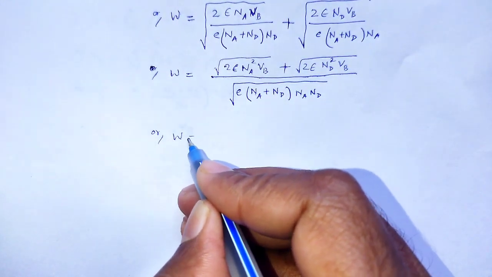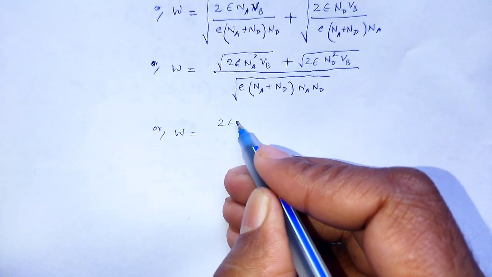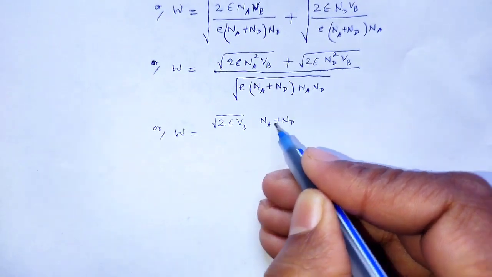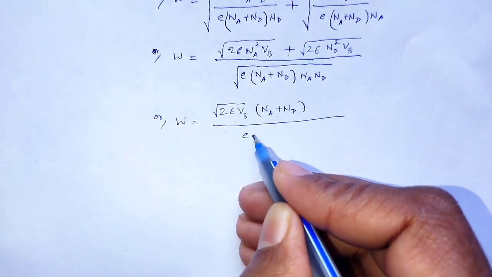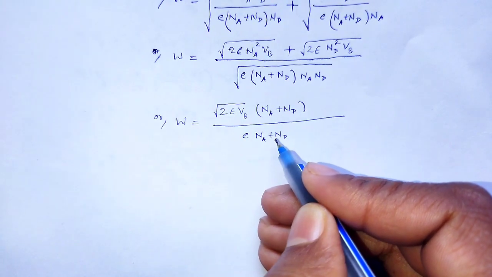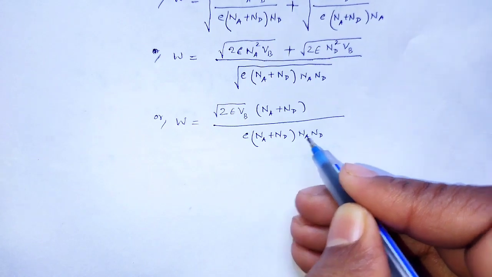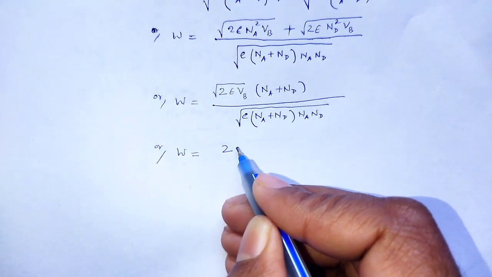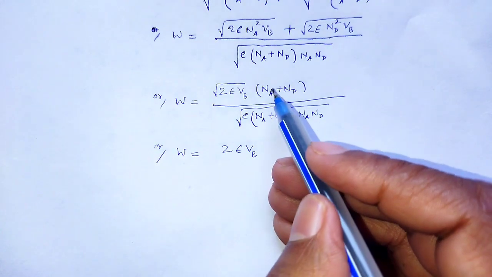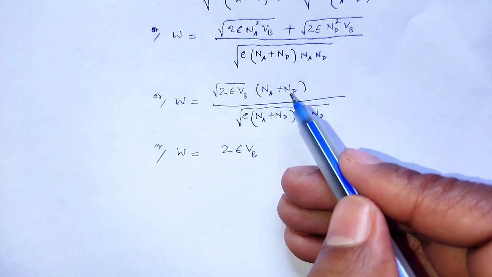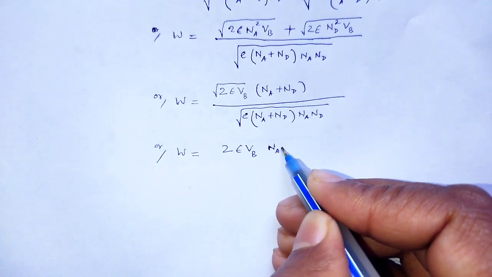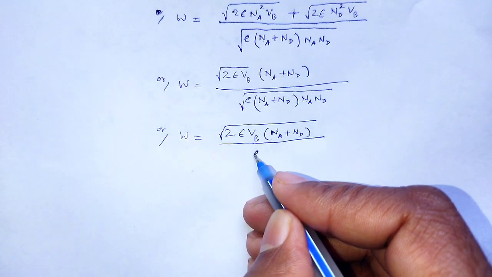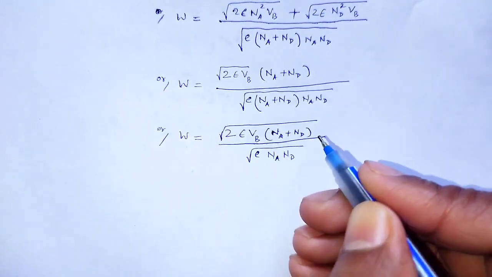or W is equal to 2 epsilon Vb under root as common, it is Na plus Nd divided by E Na plus Nd Na Nd under root, or W is equal to 2 epsilon Vb, 1 under root to that term we obtain under root of Na plus Nd divided by E Na Nd under root.